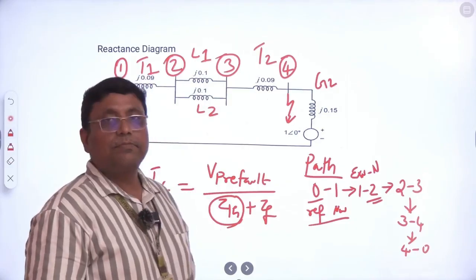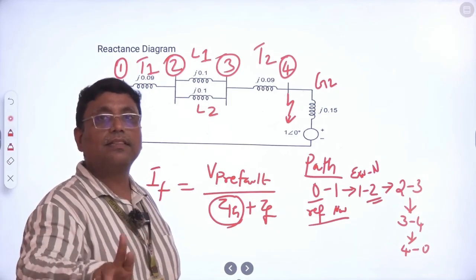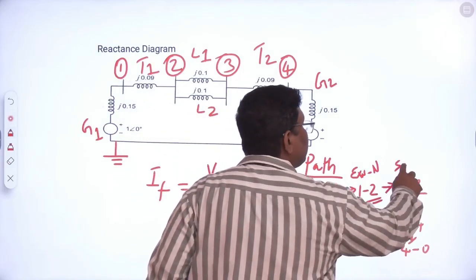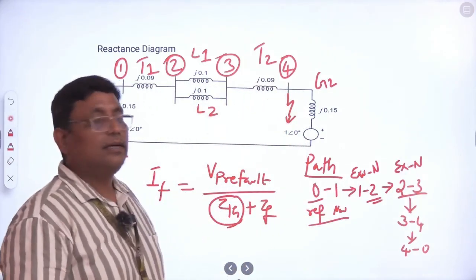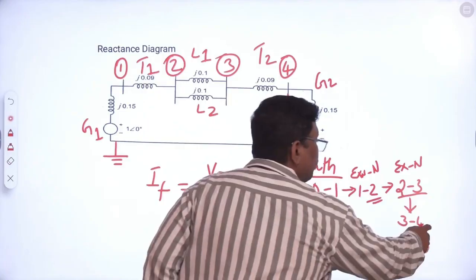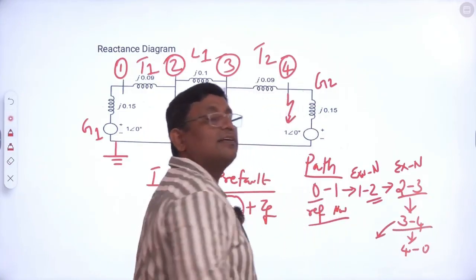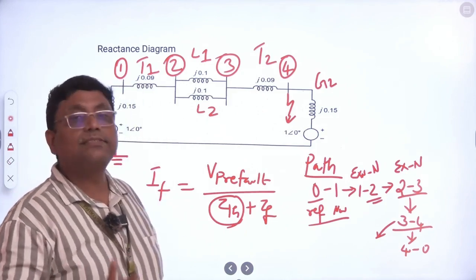The next step, 2 to 3. So the second bus is existing, the third bus is new. So again we can apply the existing to new rule. Clear? And the next step, 3 to 4. Here also bus number 3 is existing, bus number 4 is new. So again apply existing to new.